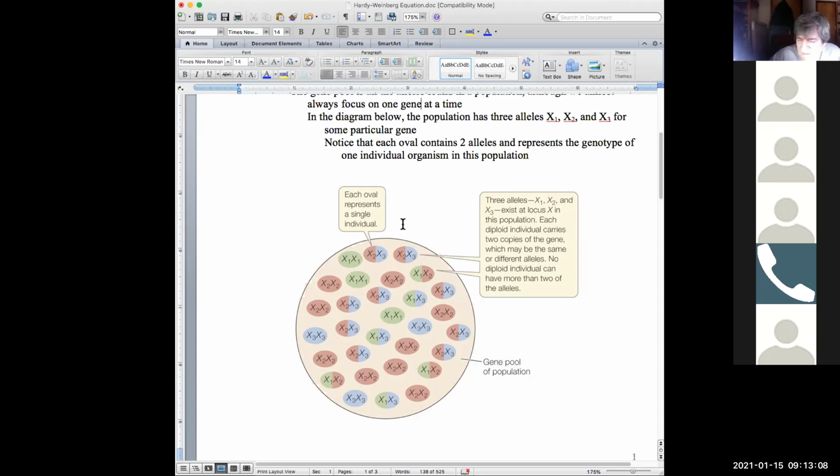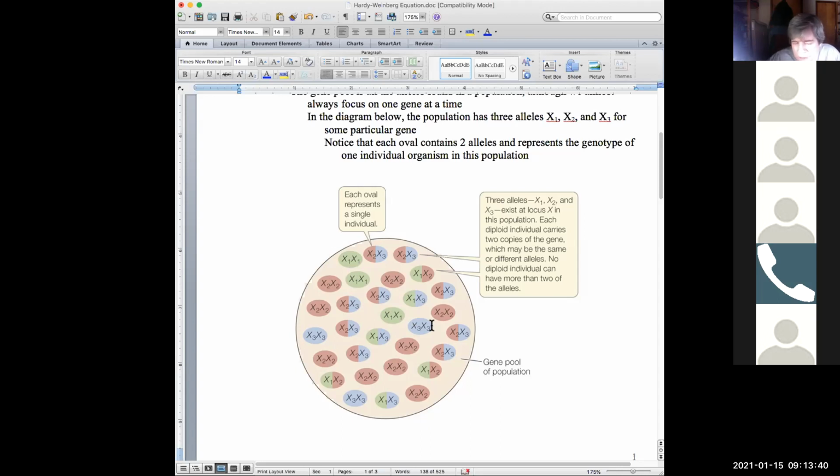Some alleles are X1, some are X2, and some are X3. The individuals that are solid colored are homozygous. Individuals that are half one color and half another color are heterozygous. So this is one way we can think about the gene pool.